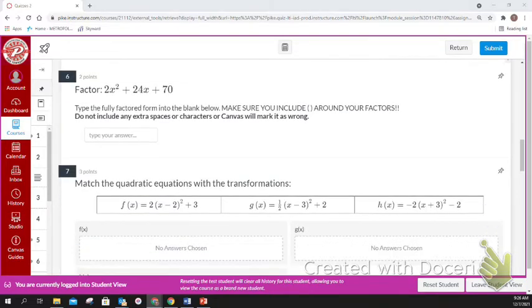Let's look at number 6. Let's go ahead and factor question number 6. The first thing you want to do is take out your GCF, which is 2. So divide everything by 2.